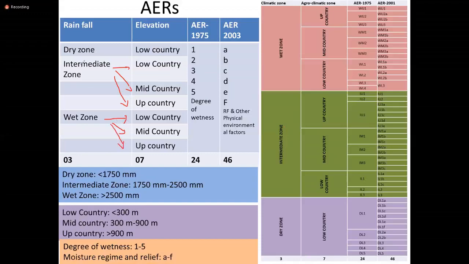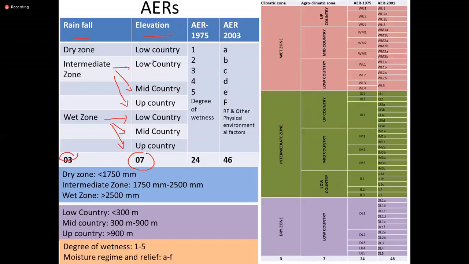Understand? So altogether, we have 3 climatic zones. Likewise, when both the rainfall and elevation factors are joined together, we have 7 ecological regions.